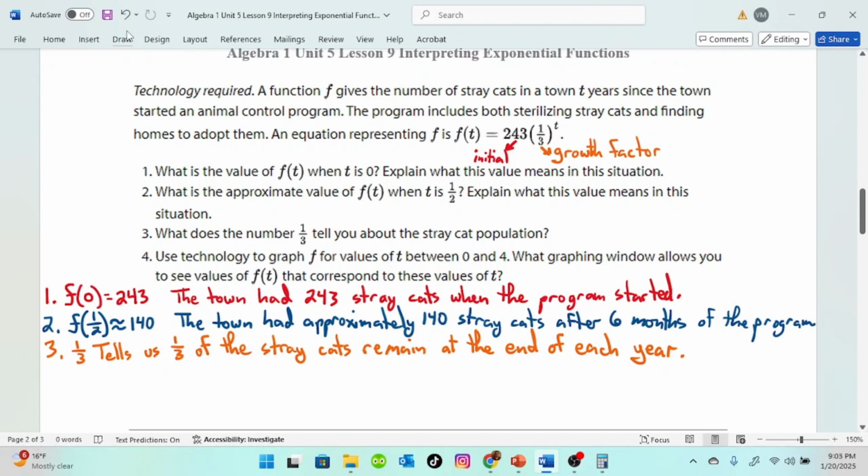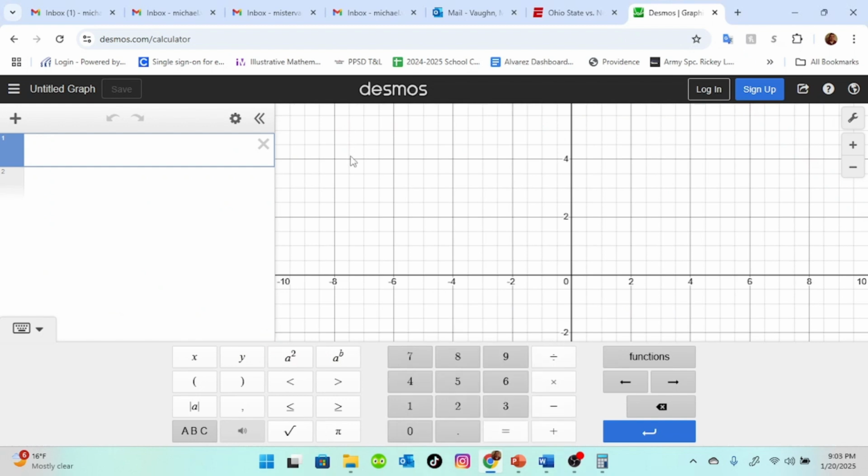And number 4 says to use technology to graph f for values of t between 0 and 4. What graphing window allows you to see the values of f of t that correspond to these values of t? So what they want us to do is use something like the Desmos calculator.